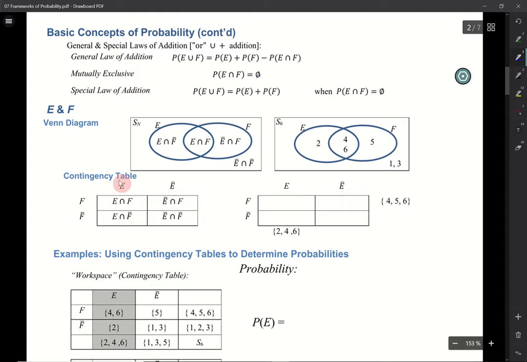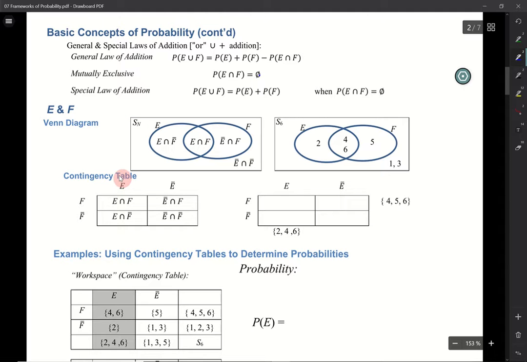Okay, and so in this column there's all of E. Okay, and then in this column there's all that's not in E. Okay, and then in this row there's all of F, and then in this row there's what's not in F. Okay, so in a certain sense, this entire table, this entire box, is like this whole frame, the total sample set. The total of everything in the Venn diagram is kind of like this whole frame.